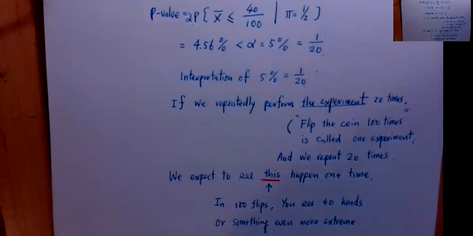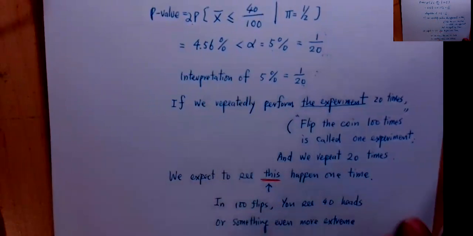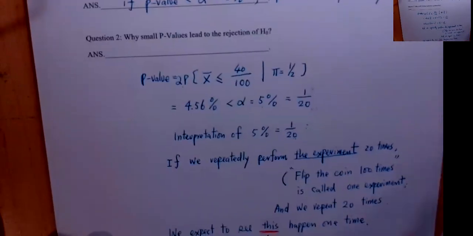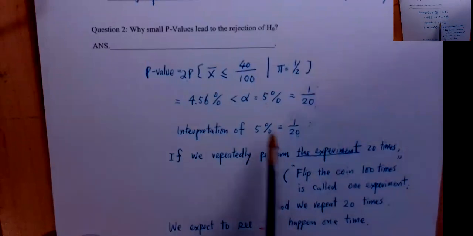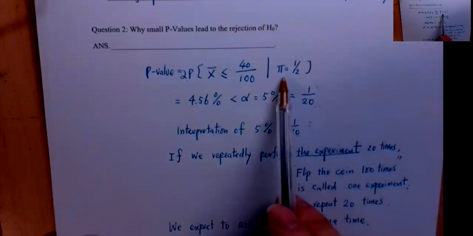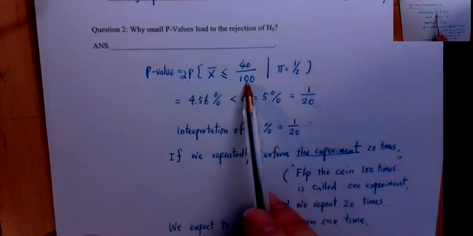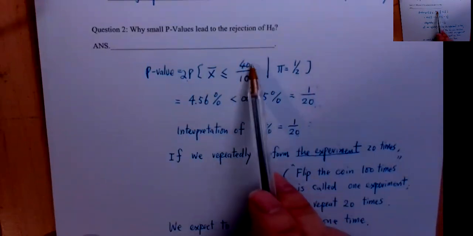And that's all for what? Oh, no, we still have a tiny little bit left uncovered yet, okay? So before I move to the next topic, let's summarize this again. Why does a small p-value lead to the rejection of H0? Under H0 is true, when this is a fair coin, how likely in 100 flips do you see 40 heads?